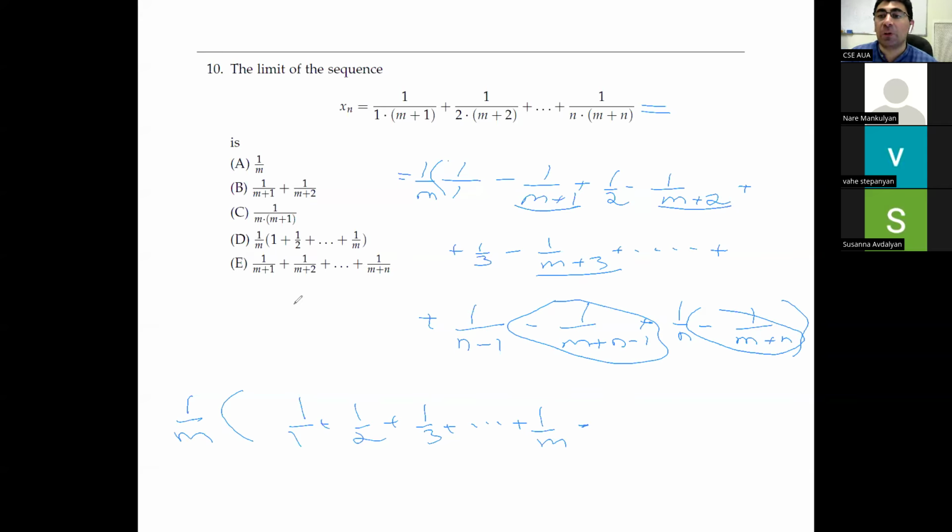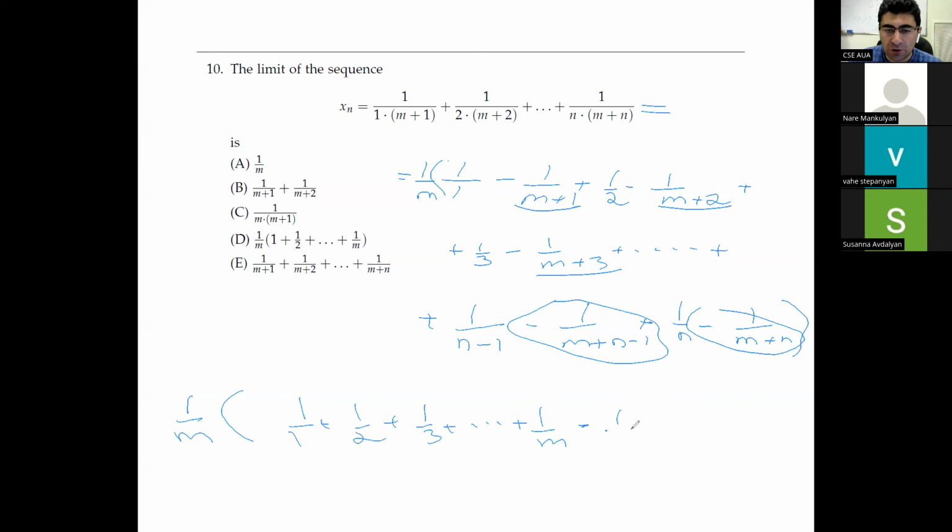m is fixed. Remember, we have a sequence dependent on n. n goes to infinity, we have to find the limit where m is some parameter. m is fixed, n tends to infinity. So our result at the end will depend on m. So from the end, we are going to write m terms.